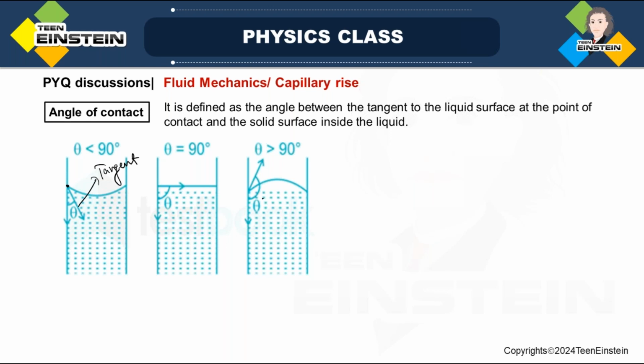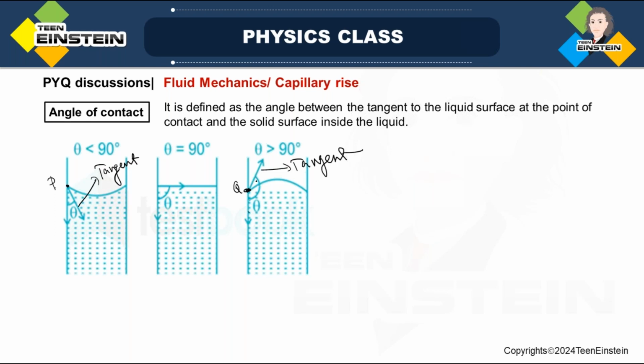So in this case, when liquid is depressed, or concave meniscus, this is actually tangent to the liquid at the point of contact. Suppose this is point P, and I have to take the solid surface inside the liquid. So this is the solid surface inside the liquid.